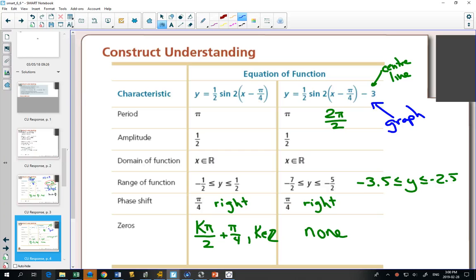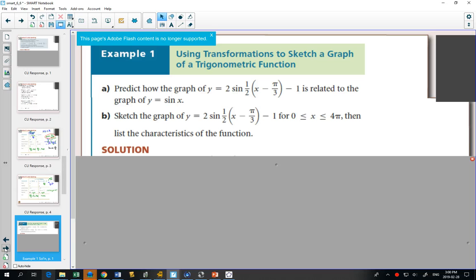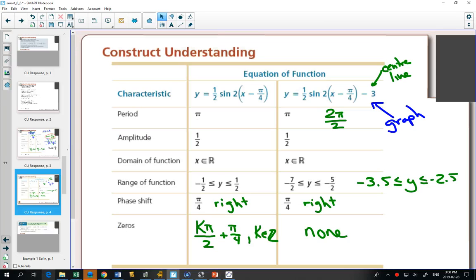And the reason they have all 4 is because we can apply our knowledge about what each of these things mean and our knowledge of a sine graph and how it works to graph them quickly. Now, at the top of your next page, you have a fair bit of space.